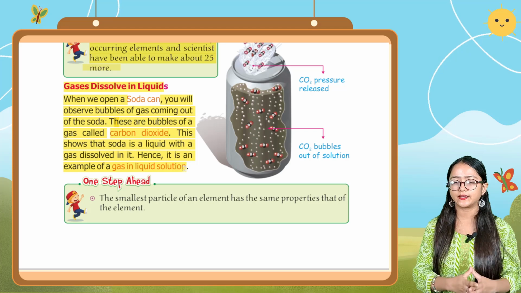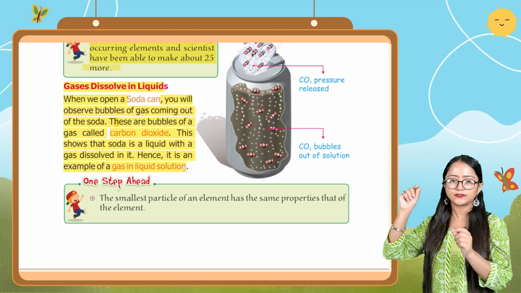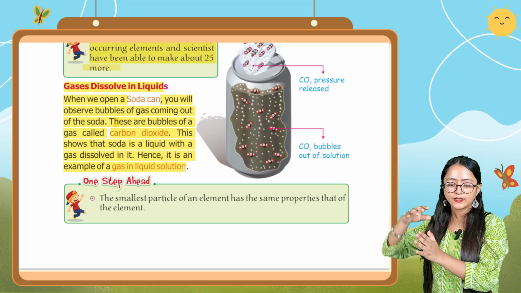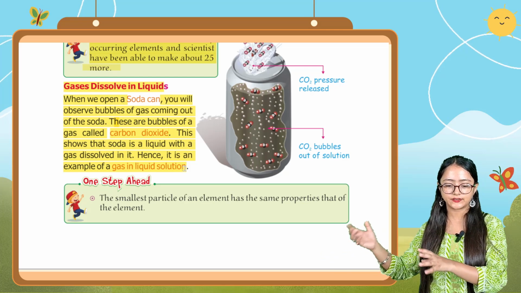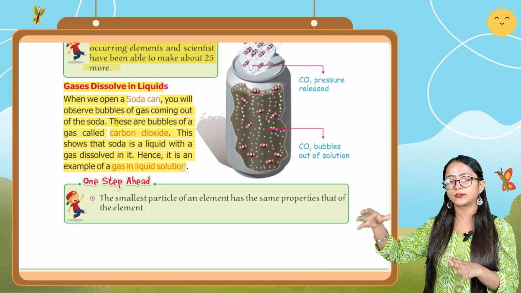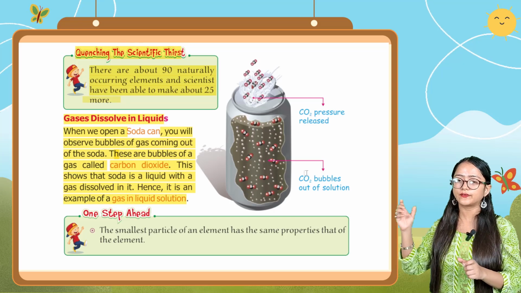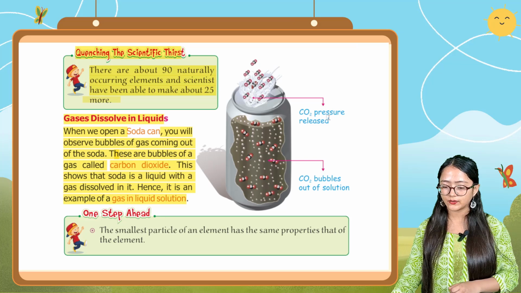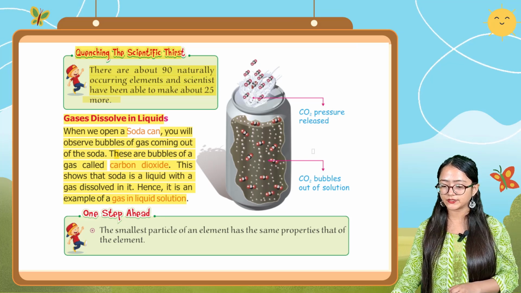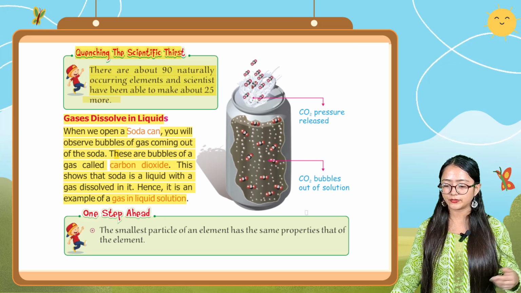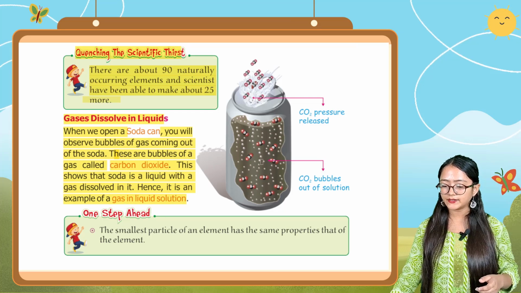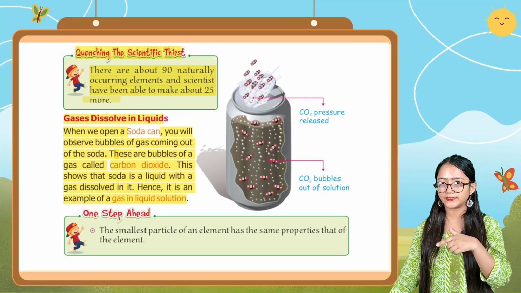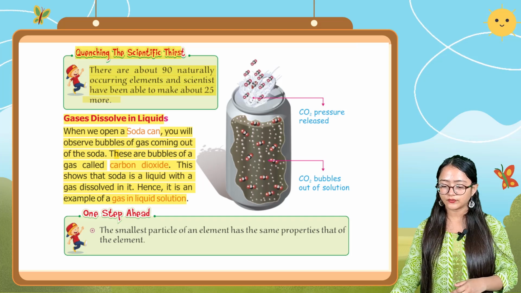Hence we can say it is an example of a gas in liquid solution. Here in the figure also you can see the liquid and the carbon dioxide particles, CO2, the carbon dioxide pressure released, and carbon dioxide bubbles forming inside the liquid, coming out of the solution.